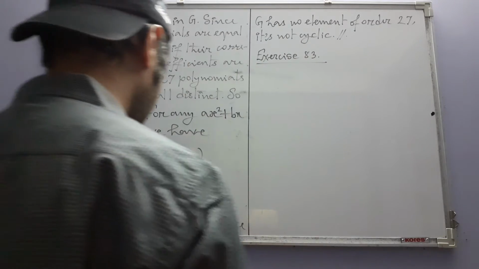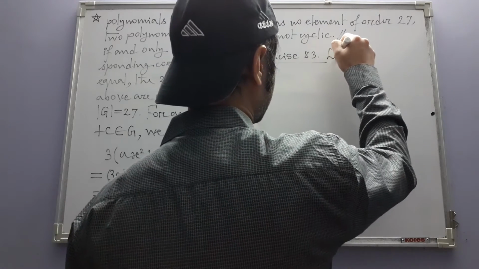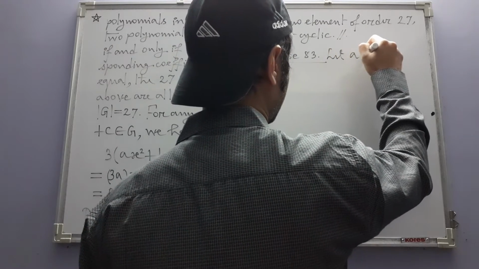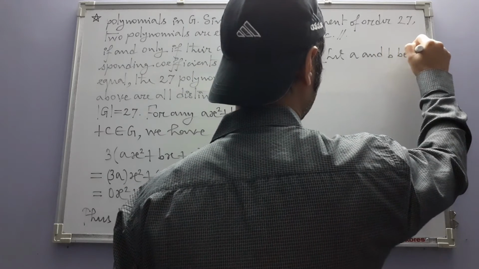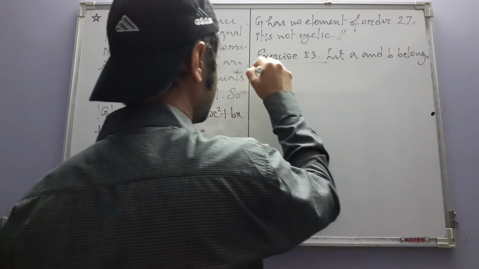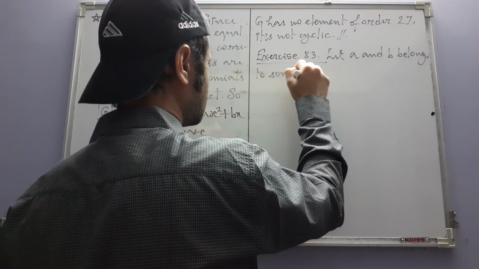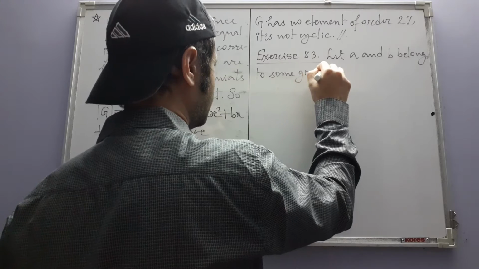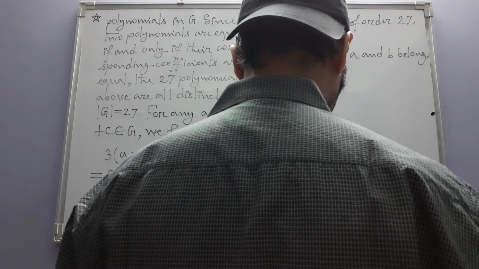Exercise 83. Let A and B belong to some group. So A and B are group elements. What type of group, that is not given.